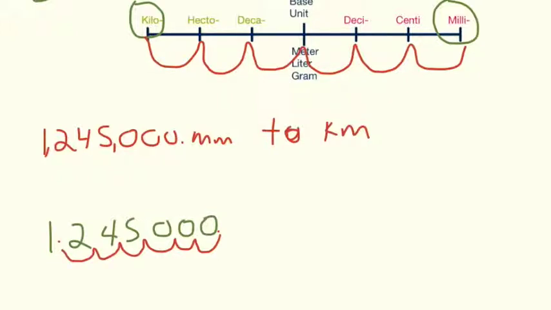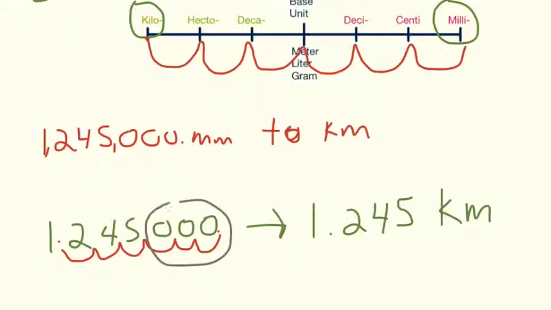There is my new number. It becomes 1.245 kilometers. Now it's important to remember, if these zeros come after that 5, we can just leave them off because they're not placeholding. You get it?